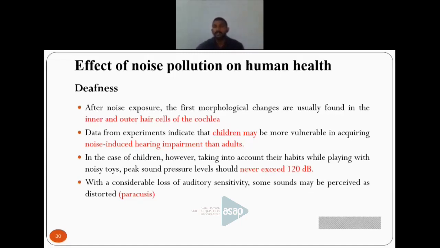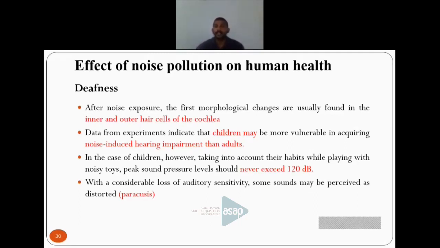Also, children are affected faster than adults. Children are more susceptible to hearing loss as compared to adults.